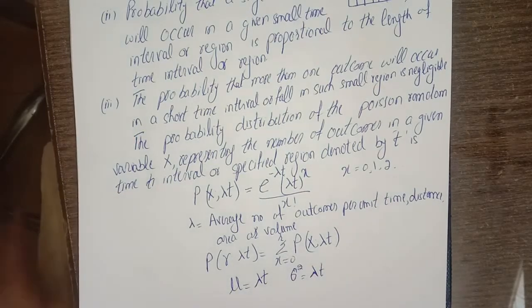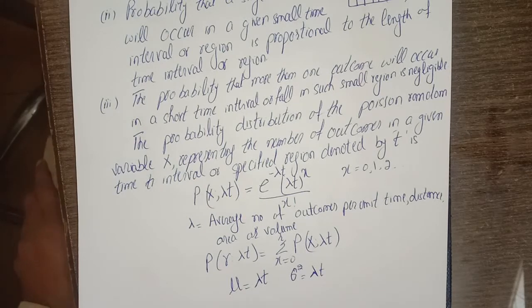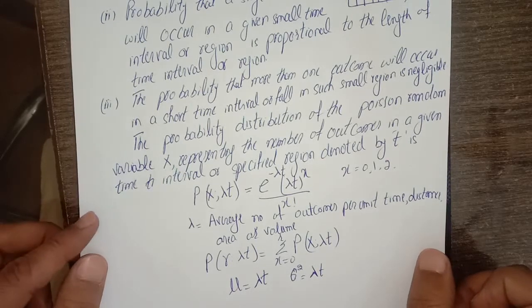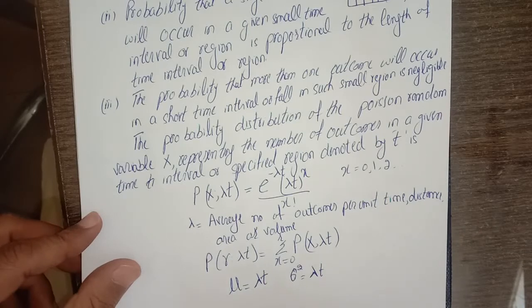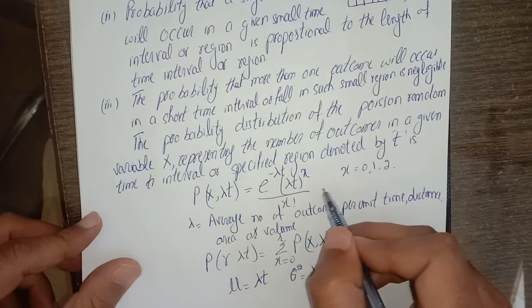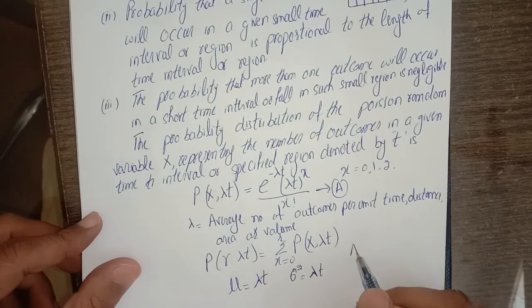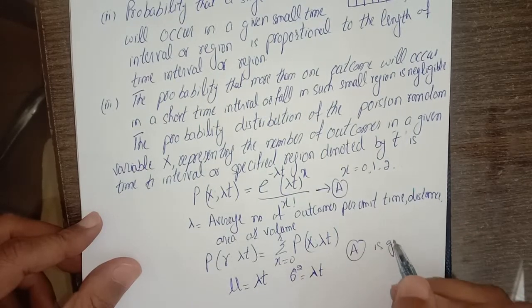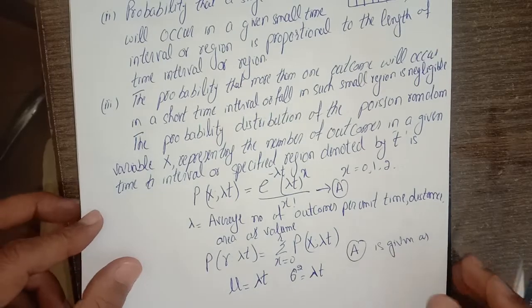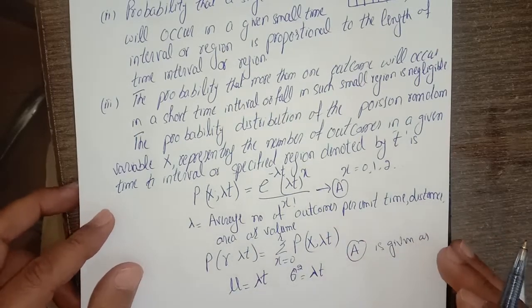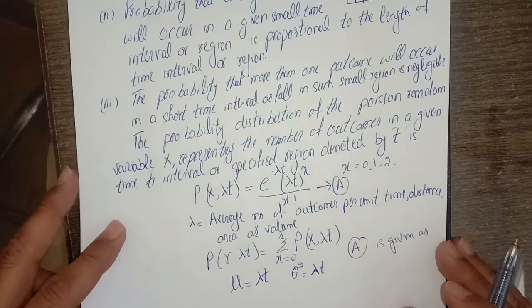So the mean and the variance of the Poisson distribution are lambda t. You can also do some mathematics with it: if you are given the average or the mean, then you can amend this formula, say this is formula A. I am not going to the next page because it's better to resolve this Poisson distribution over here.